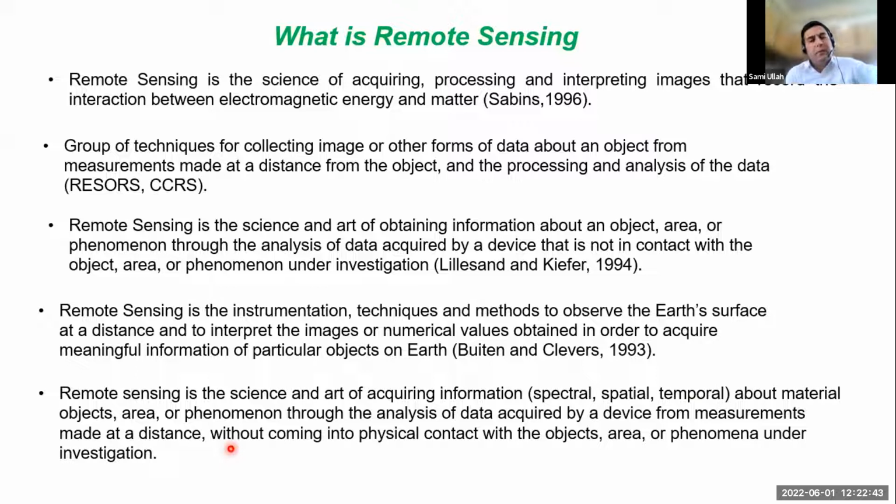There are many other definitions. A variety of definitions exist, and many people have defined remote sensing according to their own context. So I gathered some of the main definitions which people use to define remote sensing.